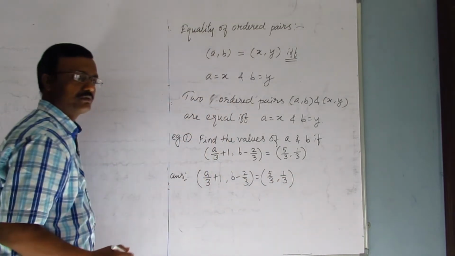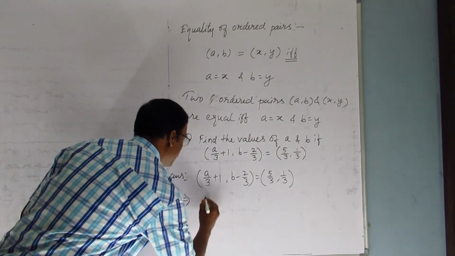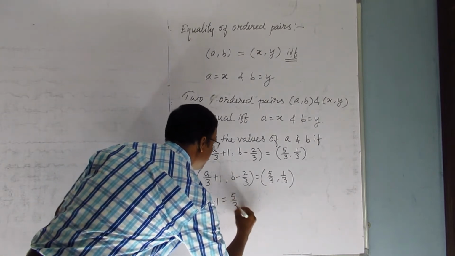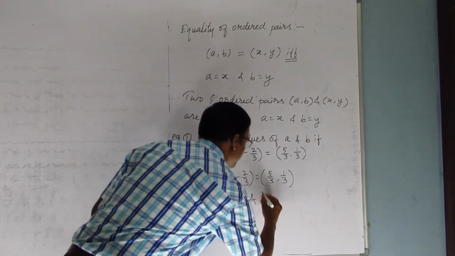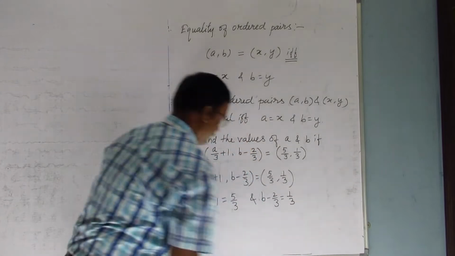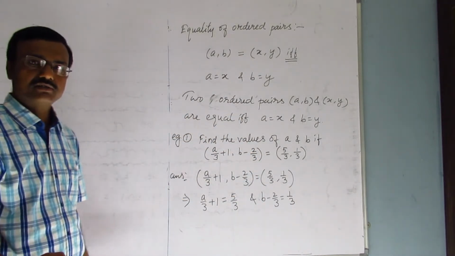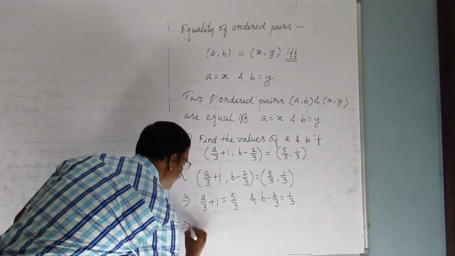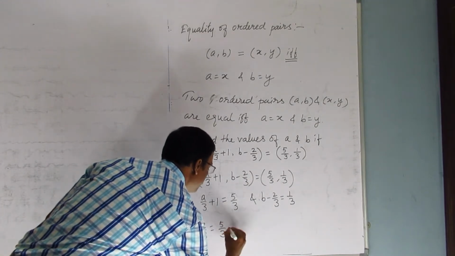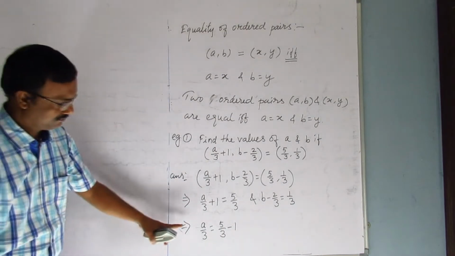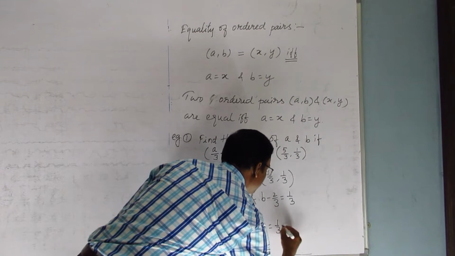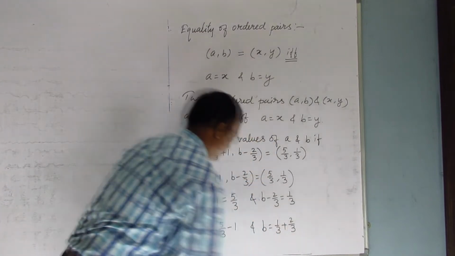So by equality of ordered pairs, we can write a/3 + 1 is equal to 5/3, and at the same time b - 2/3 is equal to 1/3. So we can get 2 such relations. Then we can solve it like a/3 is equal to 5/3 minus 1 and b is equal to 1/3 plus 2/3.